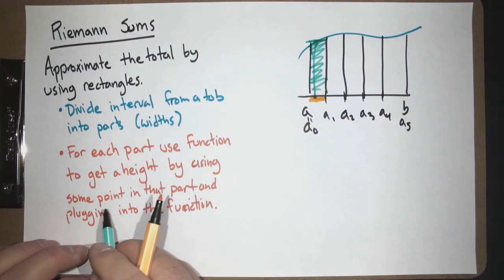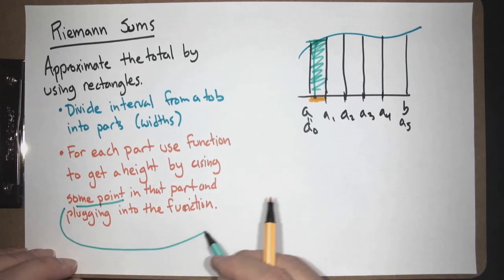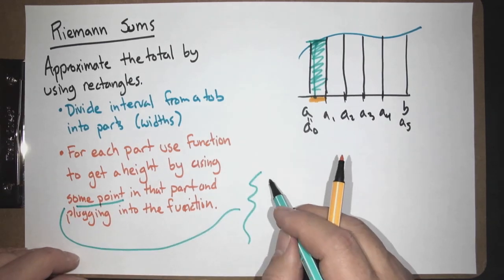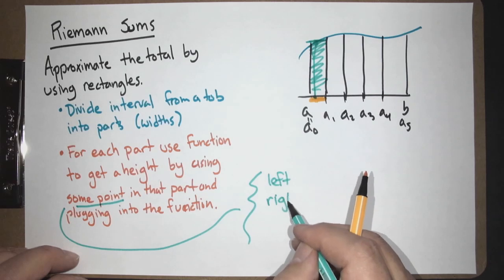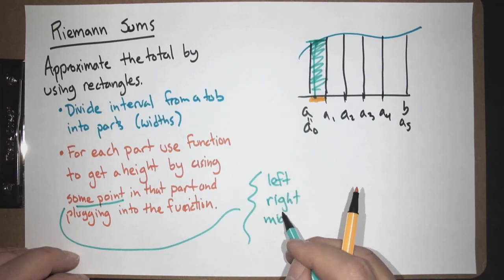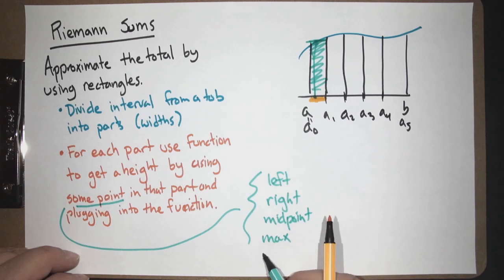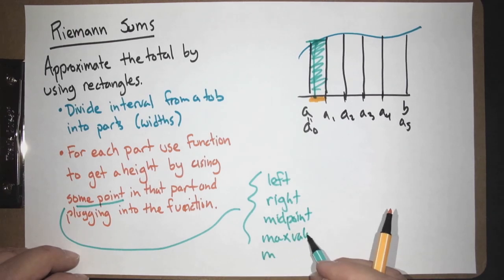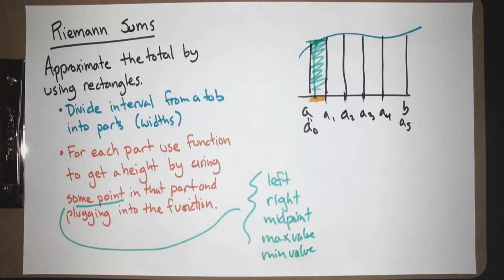Now, what point do we use? The common points that we use are the left, the right, the middle, the midpoint. Less common, we can try to find the max value or the min value, but usually left, right, or midpoint is where we go.